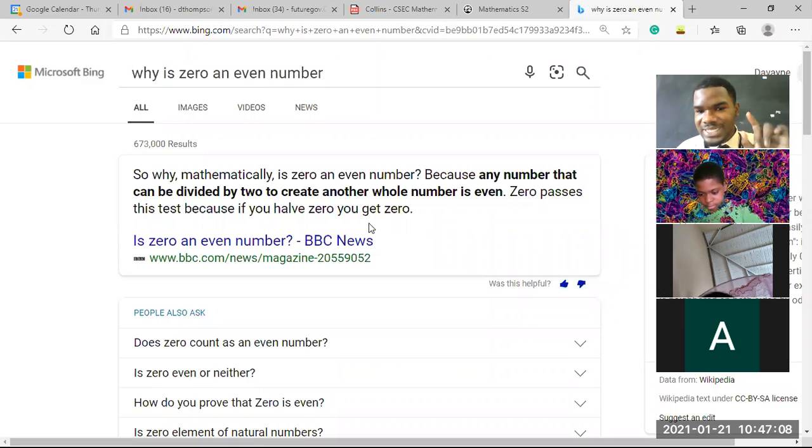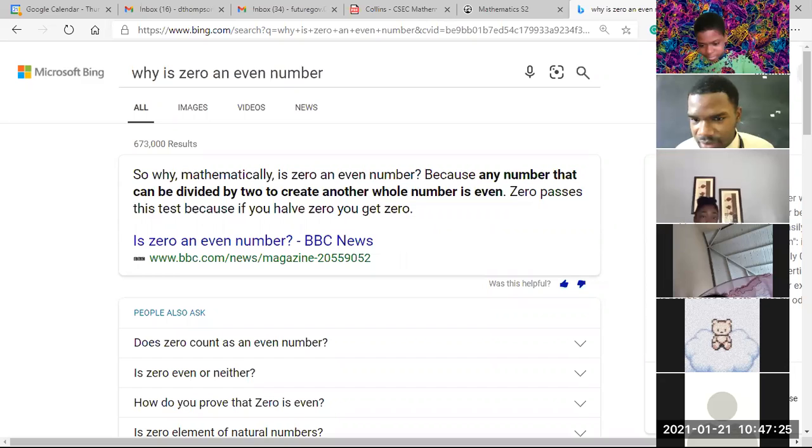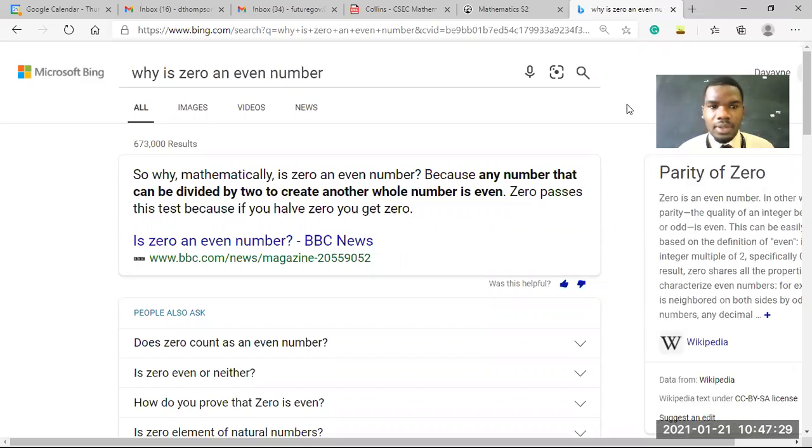So 0 technically is an even number because any number that can be divided by 2 to create another whole number is even.